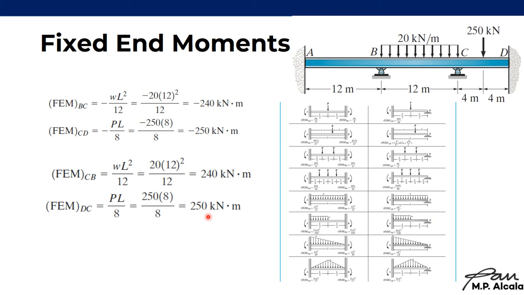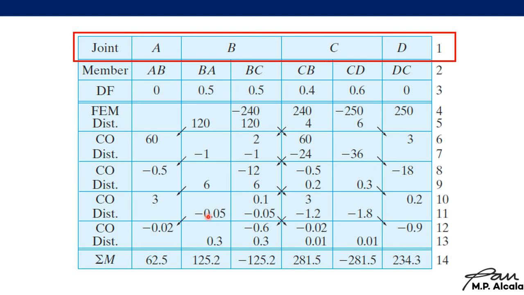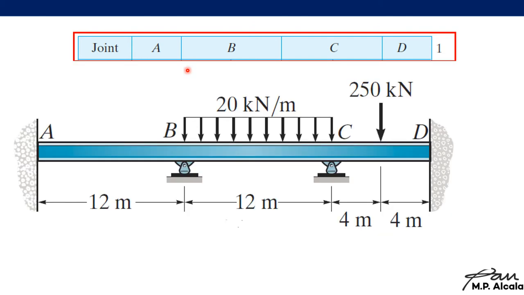So now, how do we know the table? By filling up this table, we can easily solve for the problem. But let's focus first on row 1, wherein we identified the joints A, B, C, and D. Okay, what are these? And why is it arranged that way? Take note of this because it is this line.